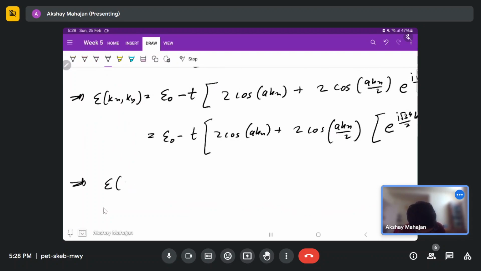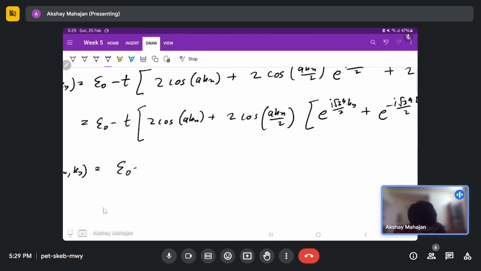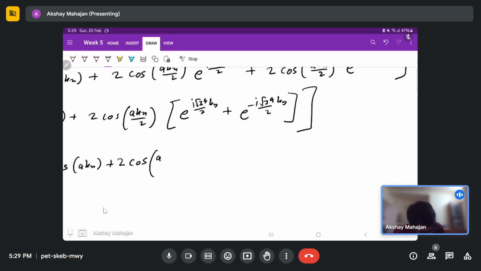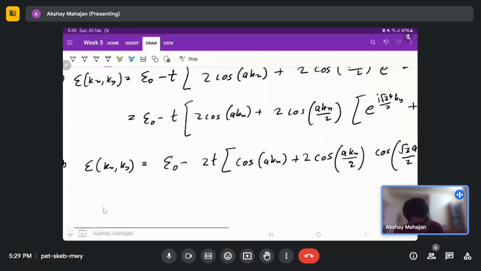Energy distribution in the form of kx comma ky will be equal to epsilon naught minus 2t, taking 2 common, cos of akx plus 2 times, because this will give you 2 times cosine of root 3a by 2 ky, so there will be one 2 remaining, cosine of akx by 2 and cosine of root 3a by 2 ky. Right, so this is going to be our final answer.